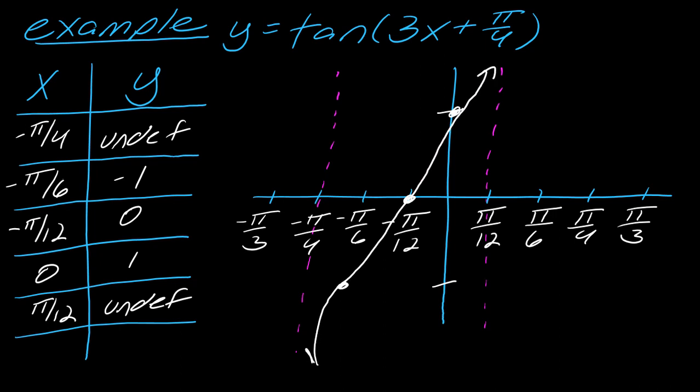Boom. Okay, so there's my first points, and then if I want to continue this, I can continue my pattern to just get my second interval. Boom. And I know that somewhere over here there would be another asymptote. I just don't have it marked on the axes, but there you go.